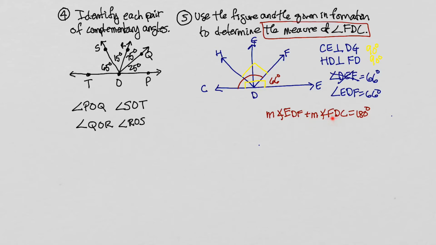So these are supplementary. And then if we say that this one is 66 degrees plus the measure of angle FDC, which is what we're looking for, is 180 degrees. If you subtract 66 degrees, we're going to get that the measure of angle FDC is, okay, 180 minus 66, I got 114 degrees.